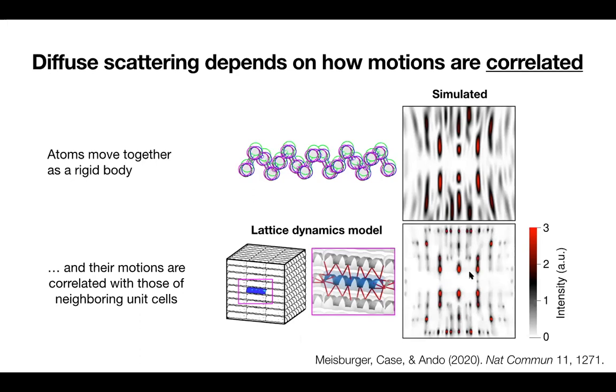Now we have features that are almost like Bragg peaks. They're actually at the Bragg peak locations, but they're much broader. We refer to these features as halos. Again, if the unit cells are completely uncorrelated, you get a smooth pattern. But if the correlations of the rigid body motion are across the unit cell boundary, then you see halos.